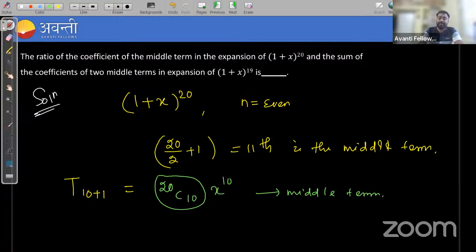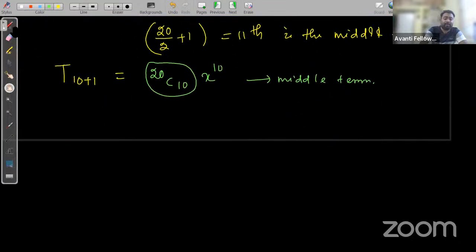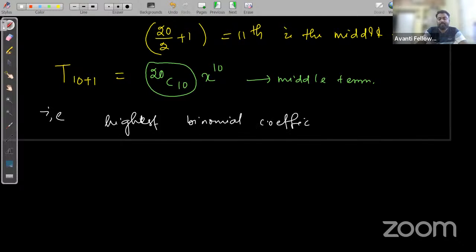So this is the highest binomial coefficient of the expansion (1 + x)^20. Directly we can also say, note here: the highest binomial coefficient is nC(n/2) when n is even.